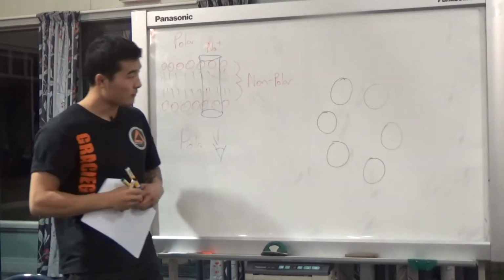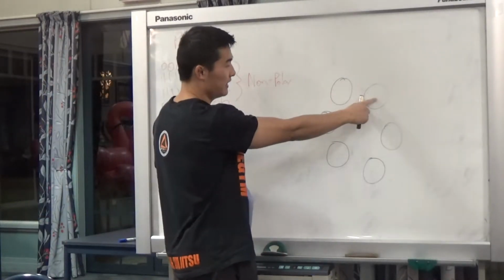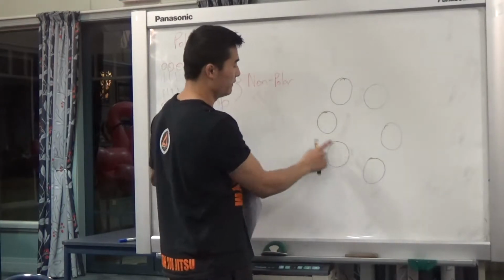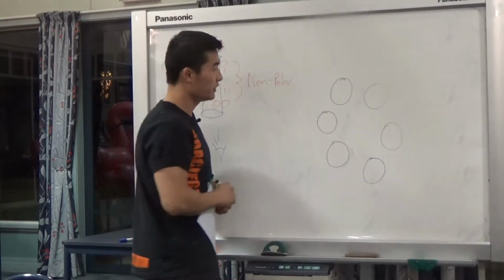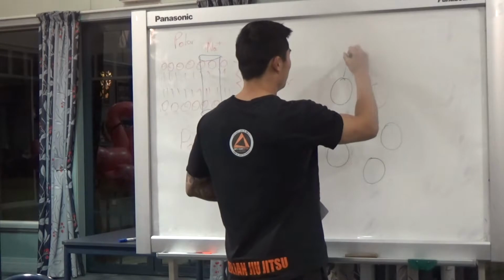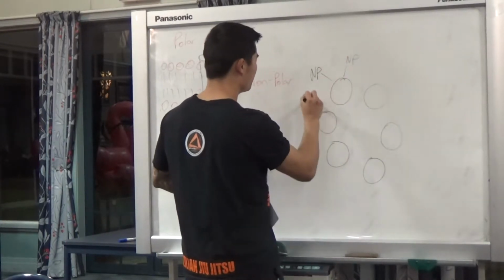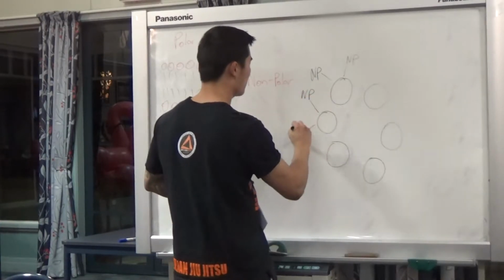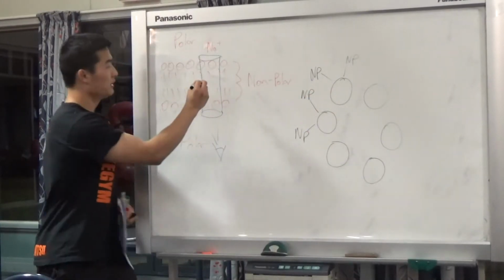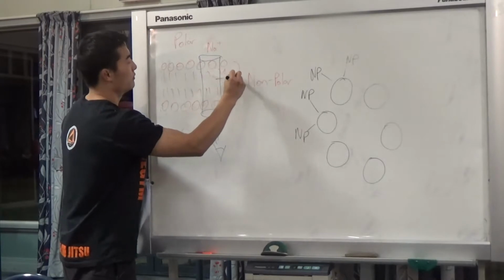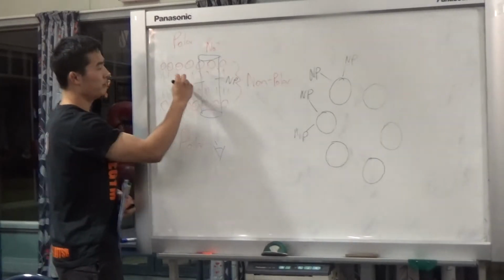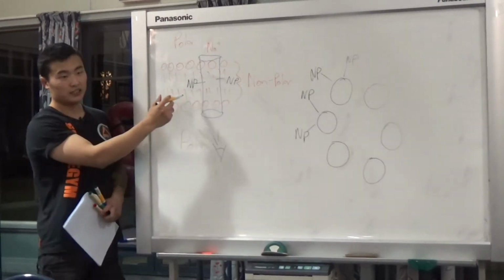This is one alpha helix, this is another alpha helix, a third, fourth, fifth, sixth. The ones pointing outwards will be non-polar, and that's going to allow it to be anchored in the non-polar membrane.